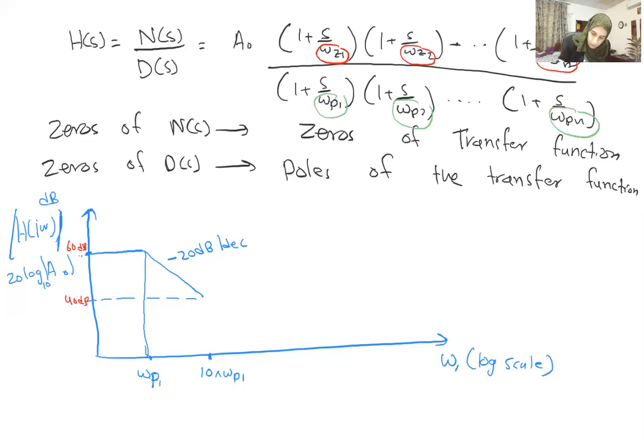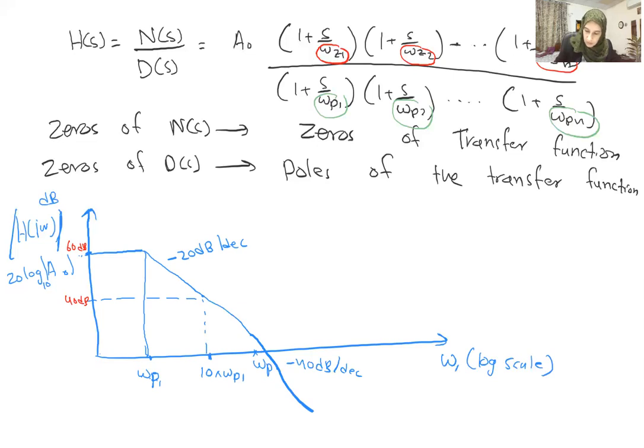Once we find another pole frequency, let's say here, omega P2, once you reach it, the slope will become steeper, with minus 40 dB per decade. So each pole will contribute to the accumulative value of the slope.